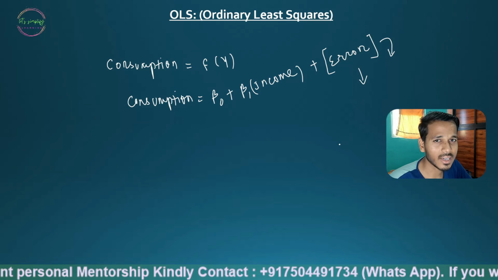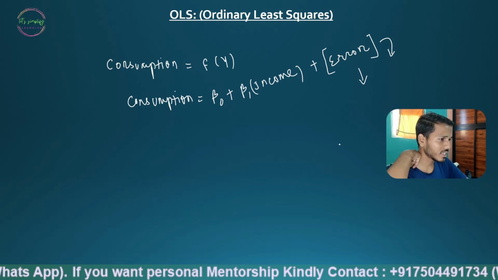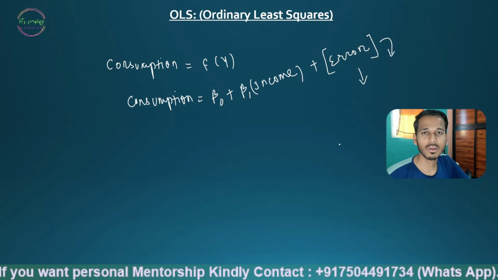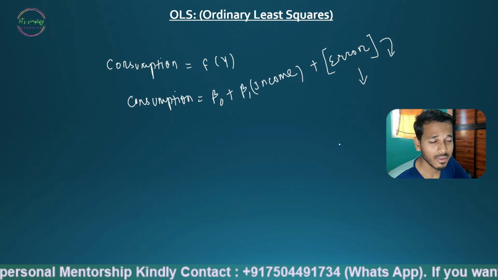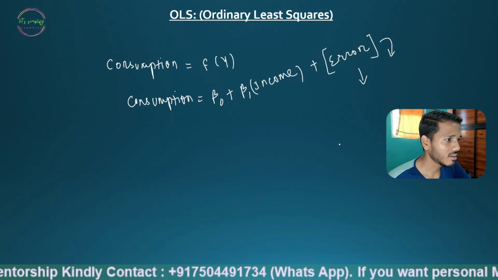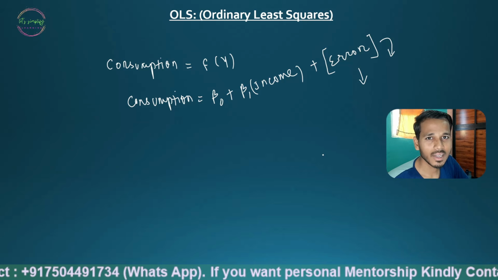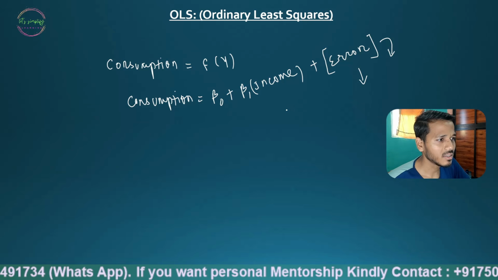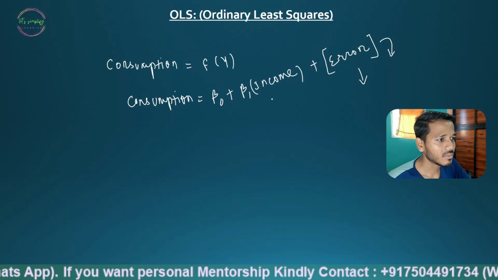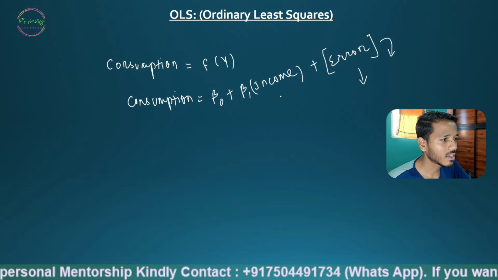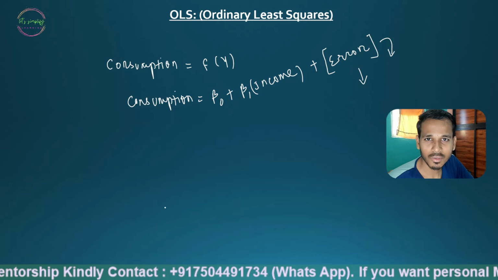We generally regress the value of a dependent variable on the value of an independent variable. So this error must be minimized so that the model can be the best fit. That means income can best predict consumption.